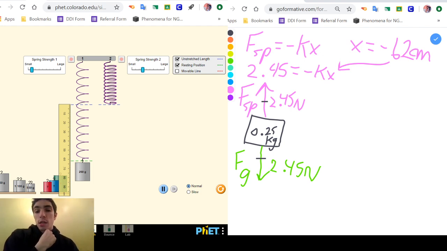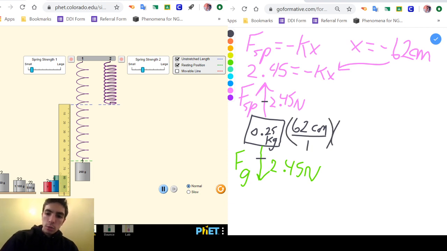The one thing that I'm going to need to do first, though, is convert that 62 centimeters into meters. And so again, I'm going to set up a very similar kind of calculation. I'm going to leave out the negative for now, because we'll know that our answer should be negative for this displacement. Our equivalence is that there are 100 centimeters in 1 meter. I have centimeters in the numerator right now.